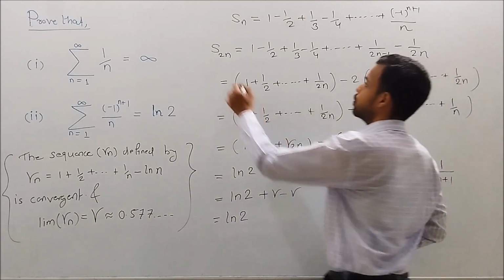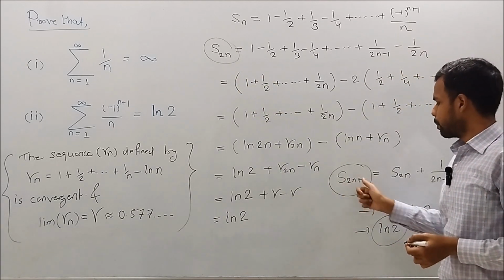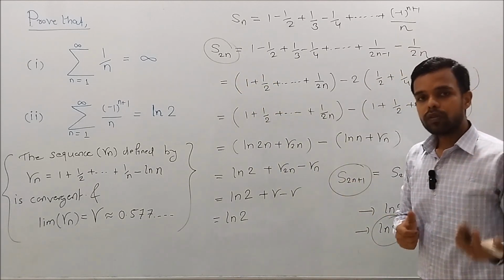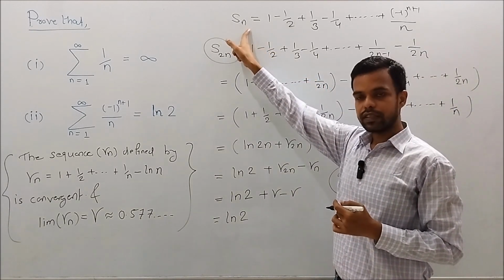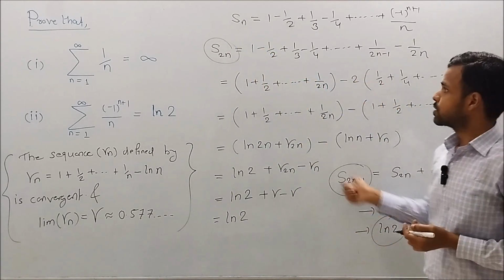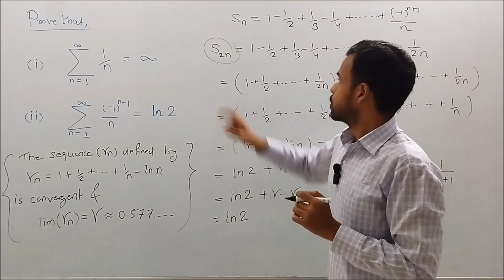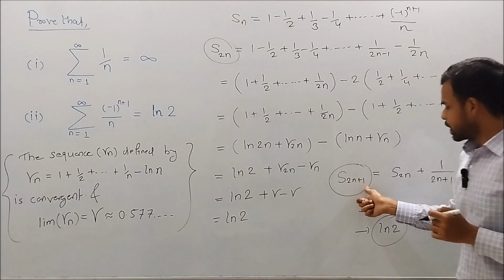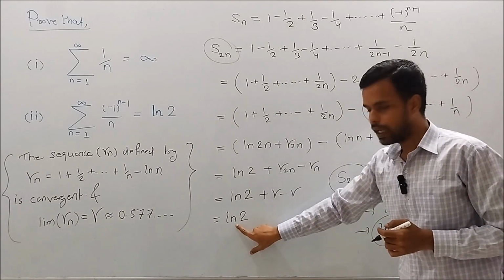So there are two subsequences, S2n and S2n plus 1. Both are subsequences of our sequence of partial sums, and clearly these two subsequences are complementary subsequences. These complementary subsequences are convergent, and they converge to the same limit.